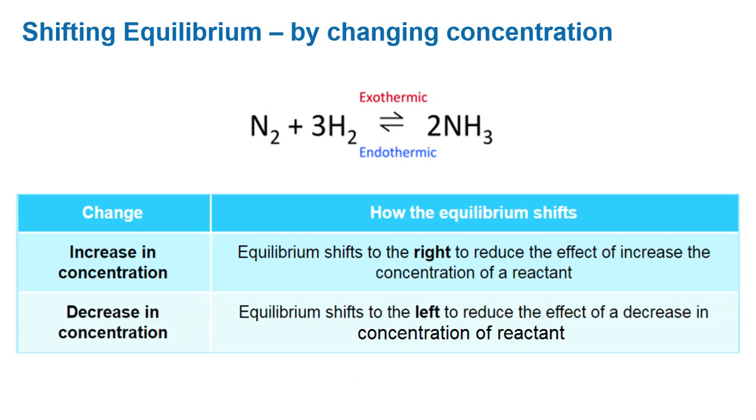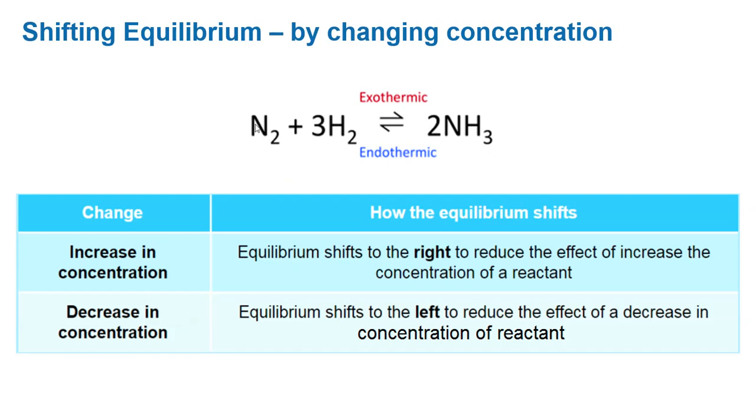Shifting equilibrium by changing concentration. This is a reversible reaction. Nitrogen reacts with hydrogen to form ammonia. On increasing the concentration of nitrogen and hydrogen, that is the reactants, the equilibrium will shift to the right, resulting in more ammonia formation, that is the product.